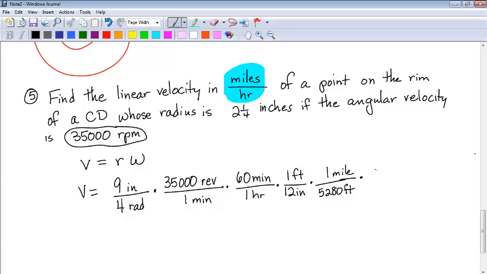Now we have a problem right here. I still have to get the revolutions to divide out. 1 revolution is how many radians? 2 pi.